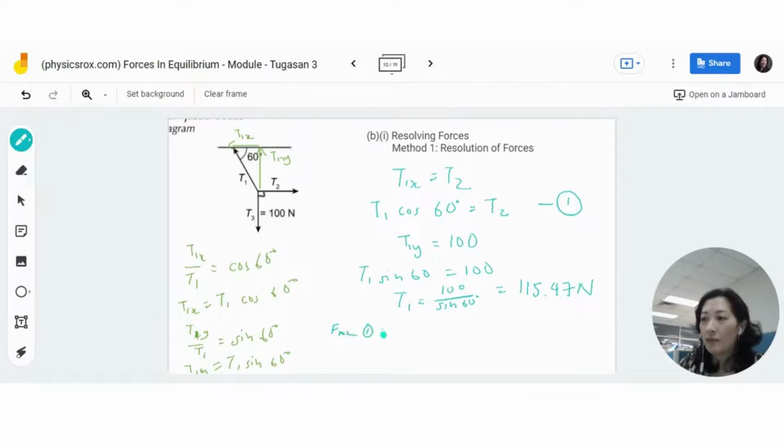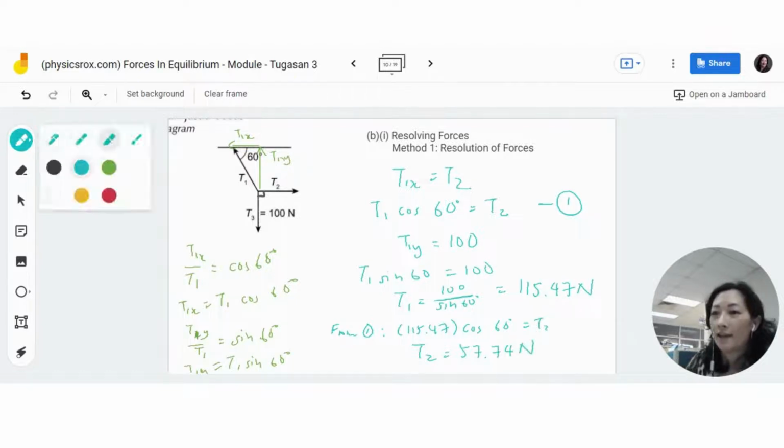That means 115.47 cos 60 is equal to T2, which means T2 is equal to 57.74 Newton. And that's your answer.